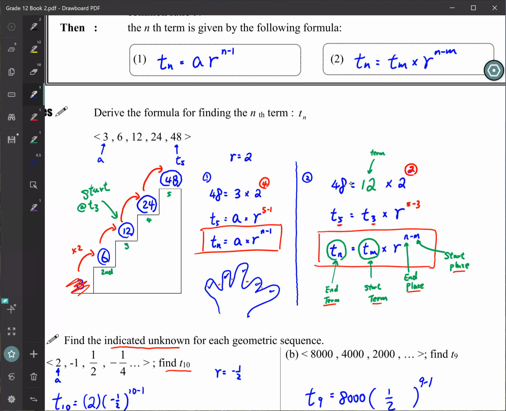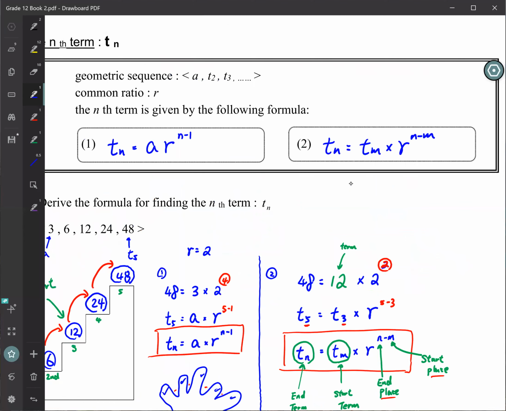Then that changes to formula 1. So that's why I prefer to just remember the second formula. When M equals 1, you can write that down, then it becomes the first one. So just remember the second one, then you will be fine. You can apply it even if you have the first term.